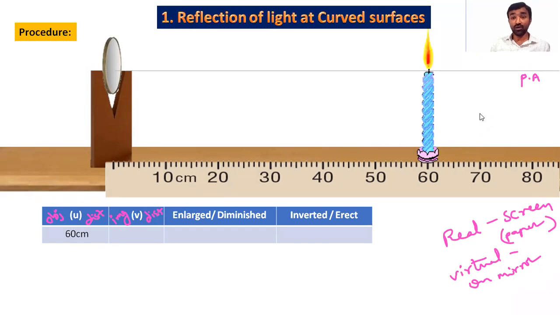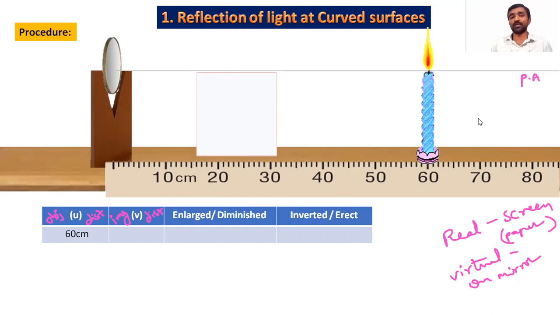Then what to do? We have to observe whether the image is visible on the mirror or not. If the image is not visible on the mirror, what to do? We have to take a screen. Which is the screen for us? It is a white sheet of paper. So I am moving that white sheet of paper below the principal axis. Look at that paper.